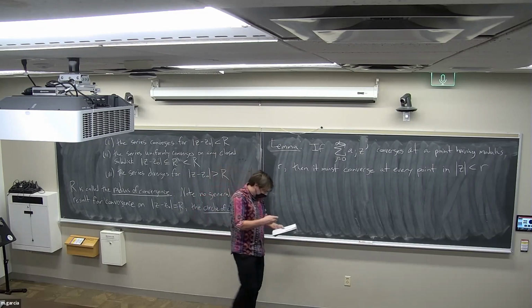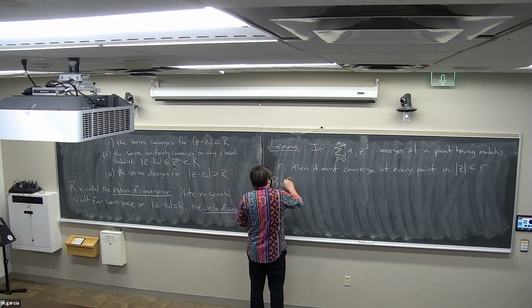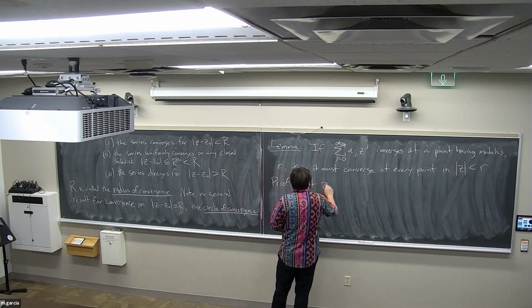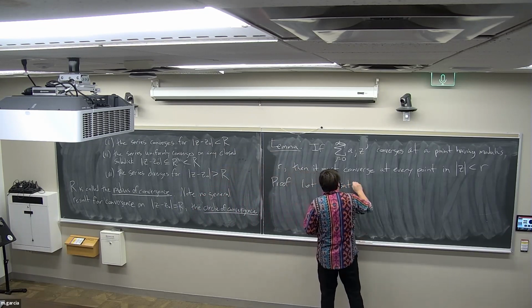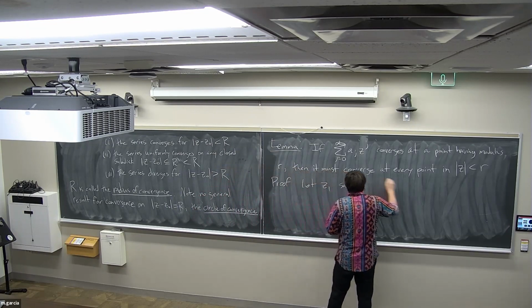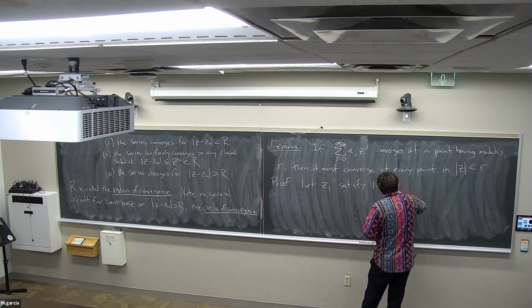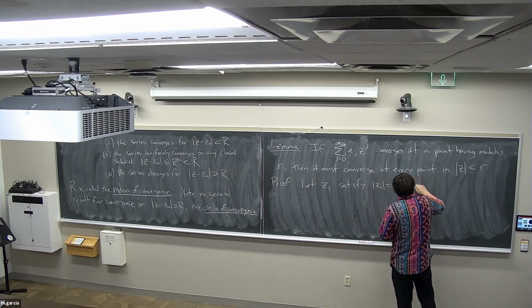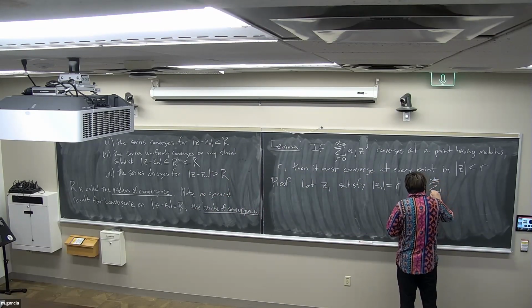So let's see why this is true. Let Z1 satisfy the modulus of Z1 is equal to R, and we'll say that the power series with Z1 plugged in converges.